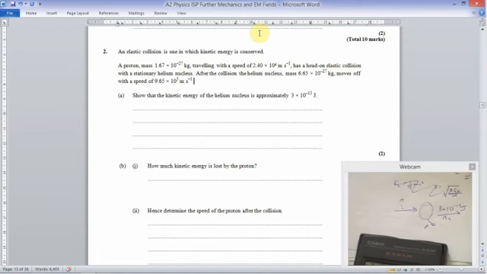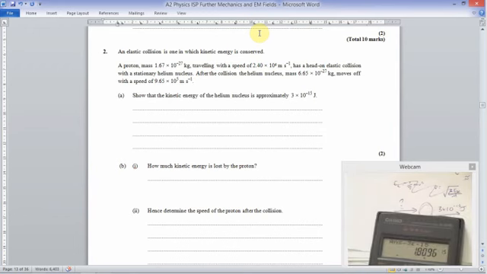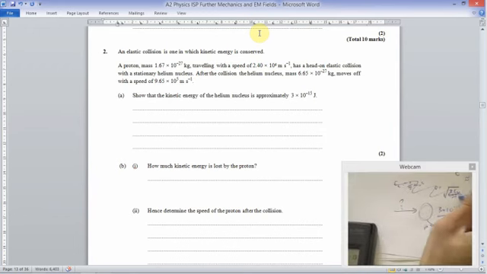Okay, so essentially take away 3 times 10 to the minus 15. Okay, so 1.8. There we go. So 1.8 times 10 to the minus 15. So that's the value we should be putting into the half mv squared.